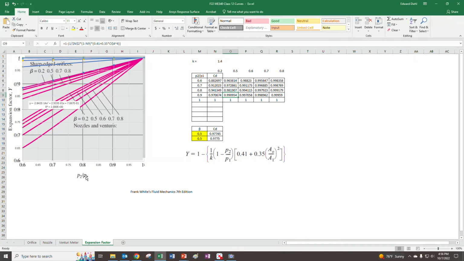It's bothersome. Like you could see from what we had before, that P2 over P1, what did I say? One was 0.7, one was 0.8. So you also have your betas here for your nozzles and your Venturis. They're the same ones here. So we had something like right up in there. So I don't know.